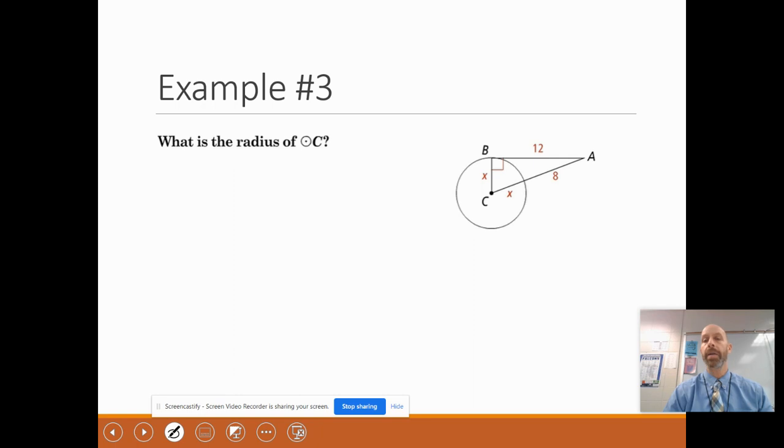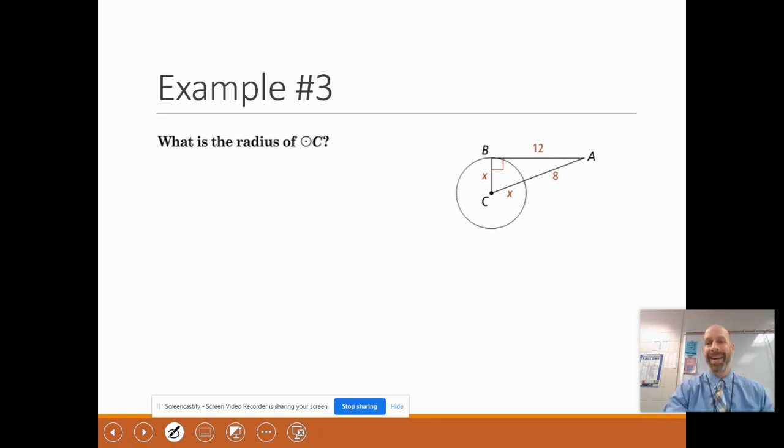So let's see how that could work. Here we are told that we have a segment AB that is perpendicular to segment BC, and segment BC is a radius. We know that it's a right angle. I think I said my words there incorrectly. Let me try that again.